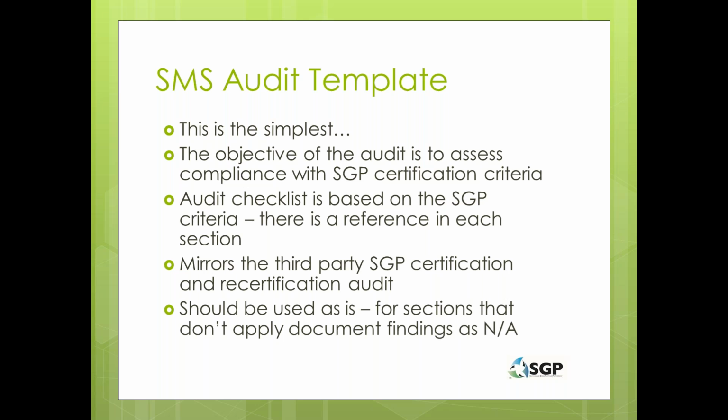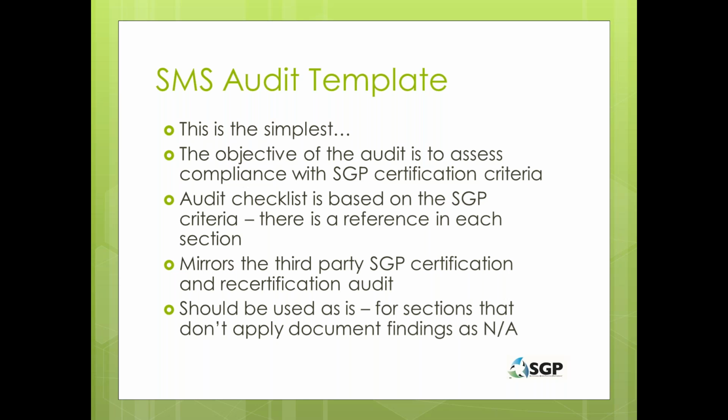This SMS audit template is an internal audit that your facility will do every year, and it mirrors the third-party SGP certification audit that's done every 2 years, where your external auditor completes an audit of your SMS. So what you're doing is duplicating that internally and doing an internal look at your process and your system.